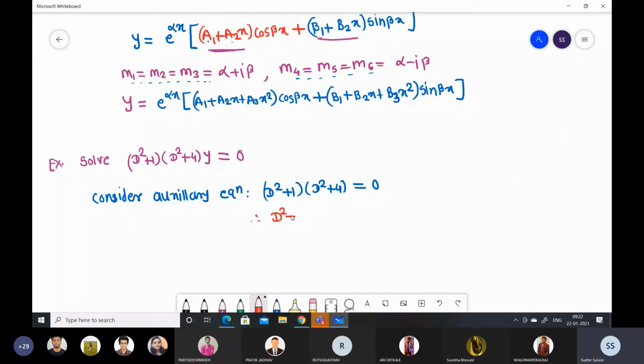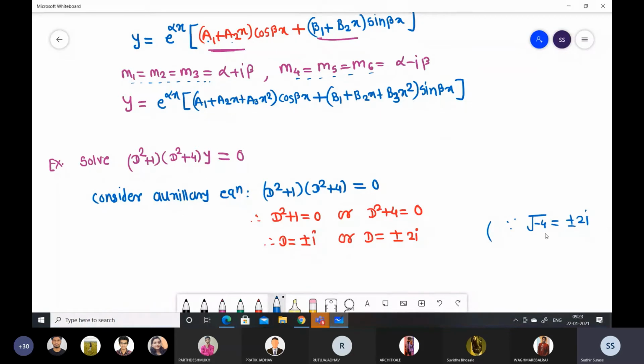Therefore D square plus 1 is equal to 0, or D square plus 4 is equal to 0. So D is equal to plus minus i from the first factor, or D is equal to plus minus 2i, since the square root of negative 4 is plus minus 2i.